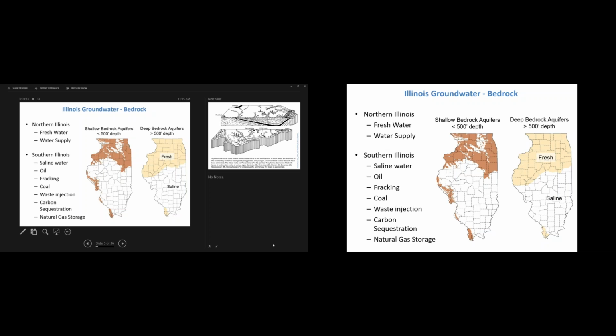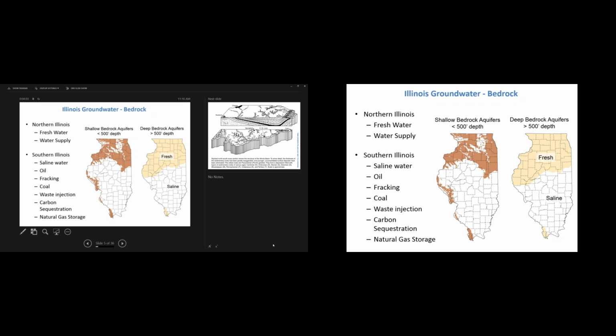So even the St. Peter sandstone, as you go to Decatur and south, is full of brine. For our freshwater model, since we're interested in water supply, we don't really care about the bedrock in southern Illinois. The Mount Simon gets to be 10 or 14,000 feet deep and it's so saline, we don't need to worry about it.